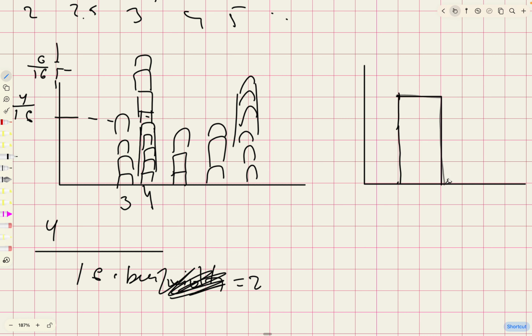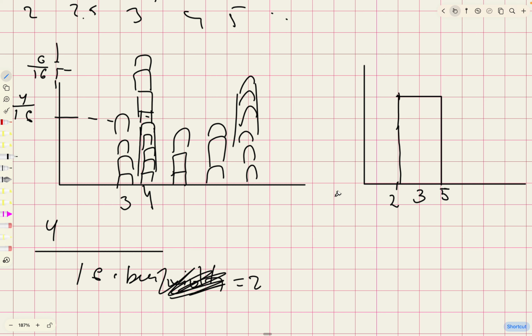Then at this point, 5 starts. Let's calculate the density of this point.